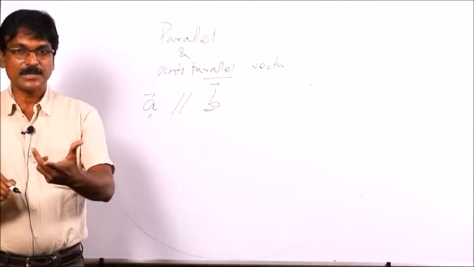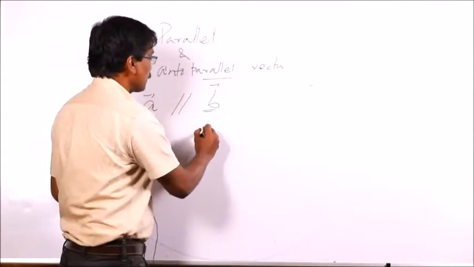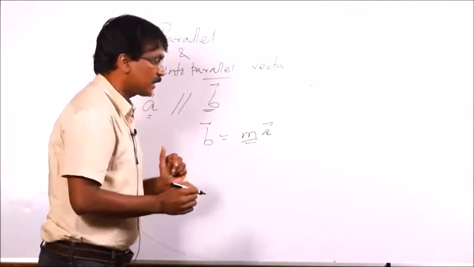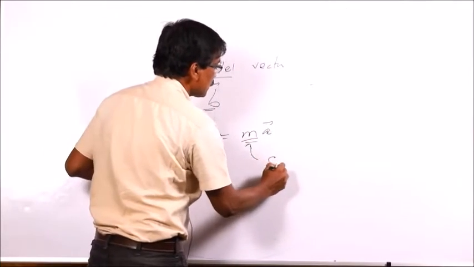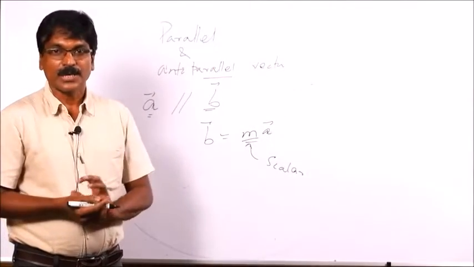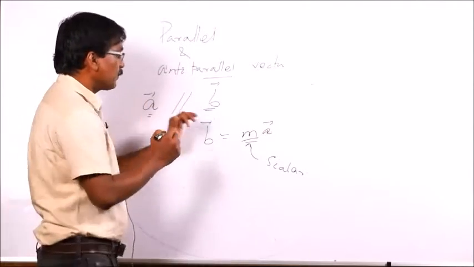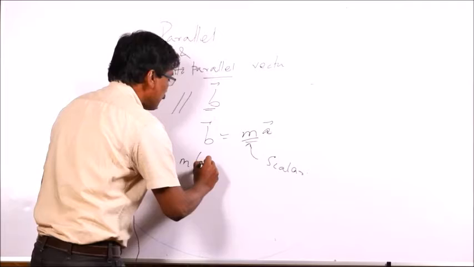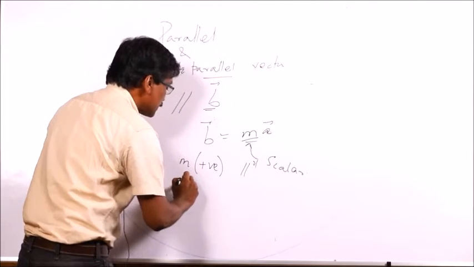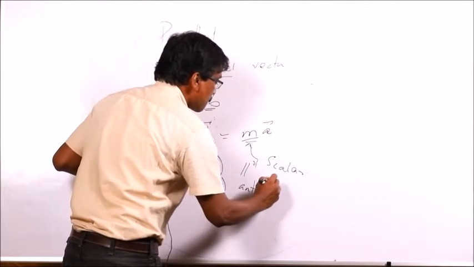We can represent B as a scalar multiple of the A vector, that is, B is equal to m times A vector, where m is a scalar quantity. If m is positive, the two vectors are parallel, and if m is negative, then they are said to be anti-parallel.